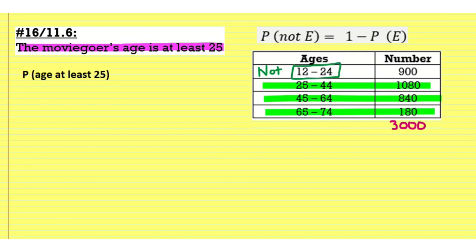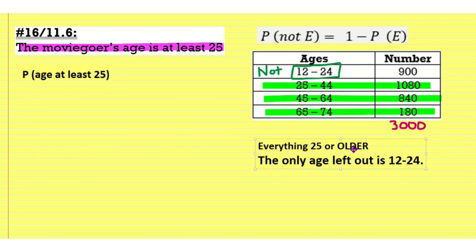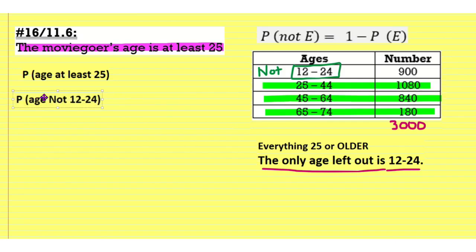The only thing that they do not want is that age range. They want everything 25 and older, but they do not want the 12 to 24. The only age left out is 12 to 24. So that means that we could actually rewrite our probability. Instead of saying the probability that the age is at least 25, we could say the probability that the age is not 12 to 24.